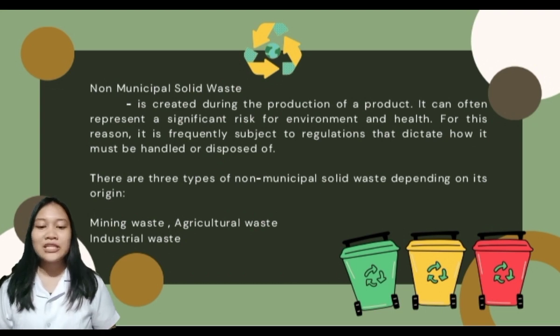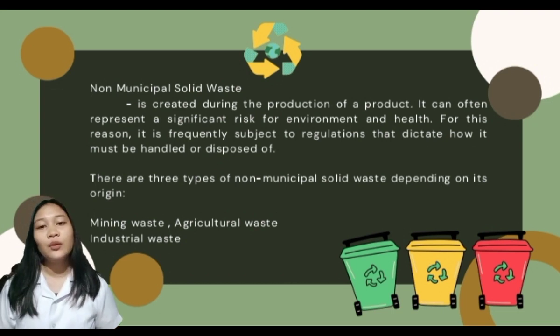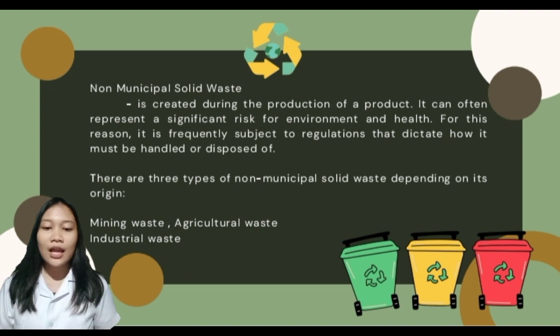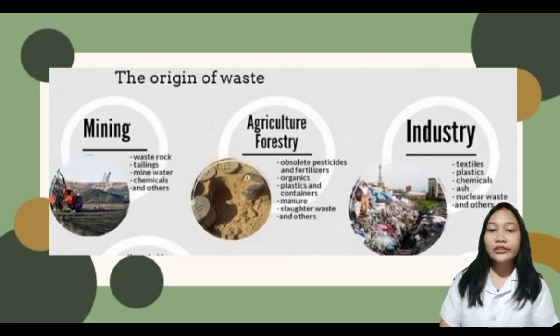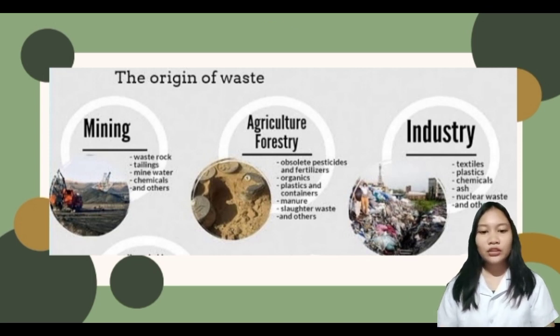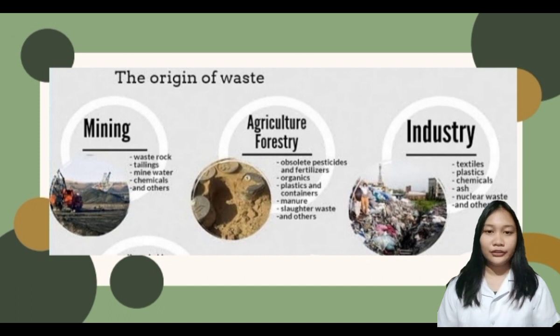The first one is mining waste, the second one is agricultural waste, and the third one is industrial waste. Mining waste contains waste rock, tailings, mine water, chemicals, and others.